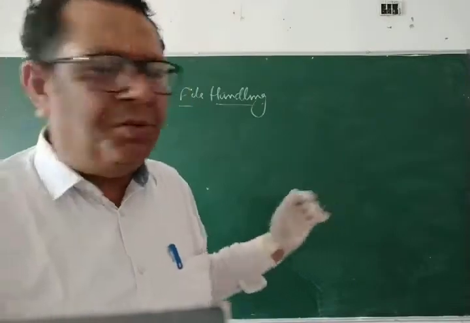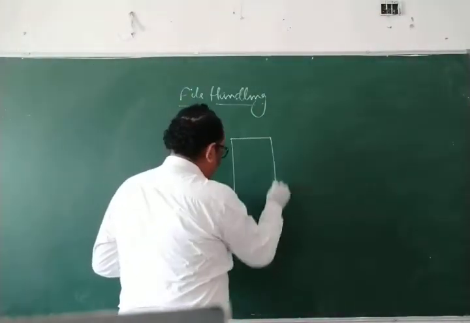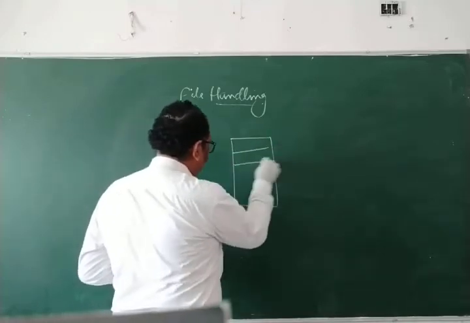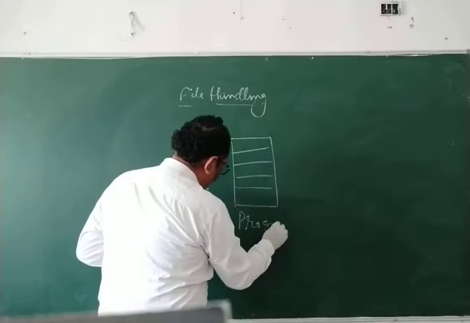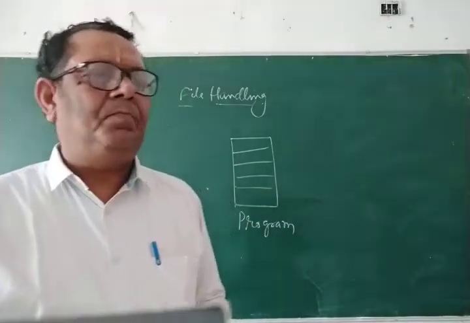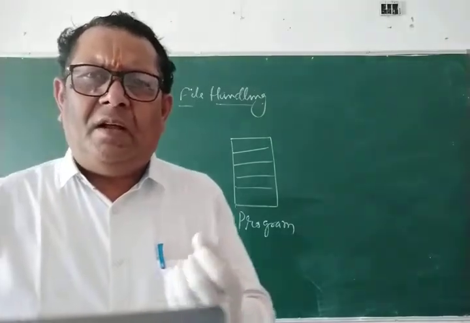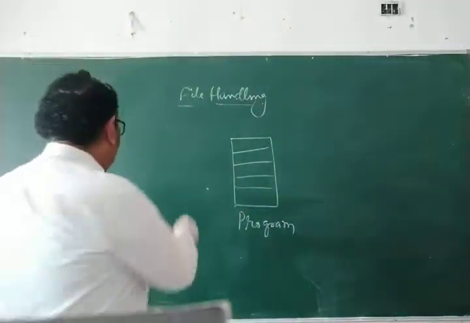I will show you with the help of a diagram. Let's see on the board. So this is your program. Your program stores the data in the RAM. And this is your file.